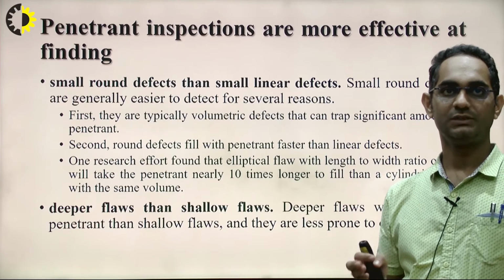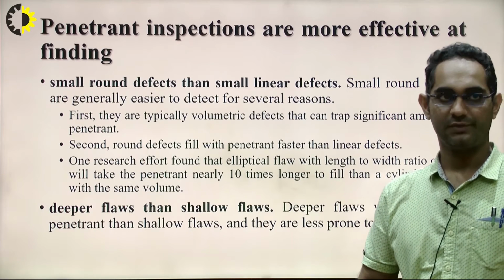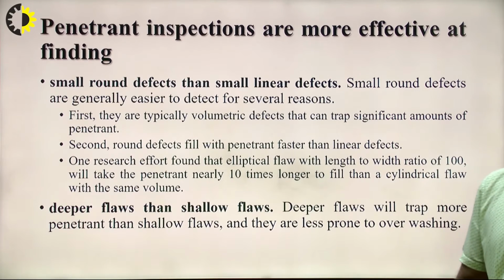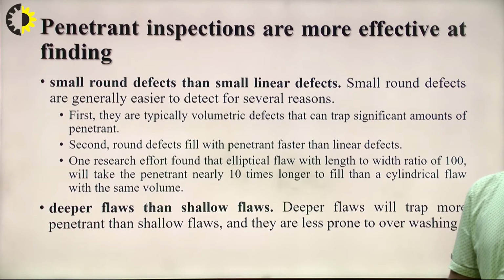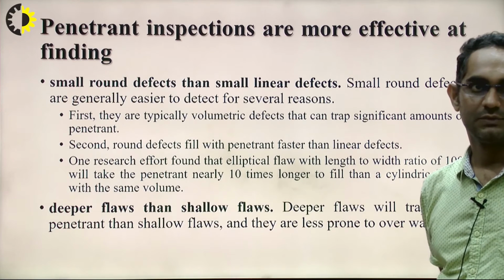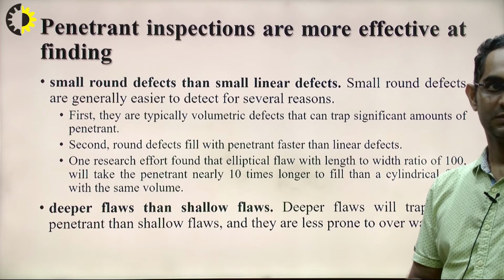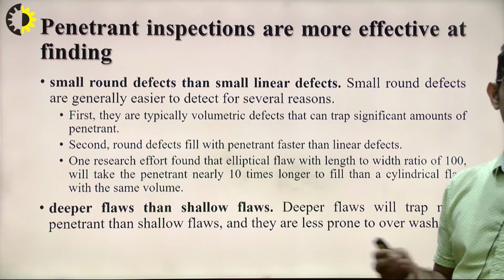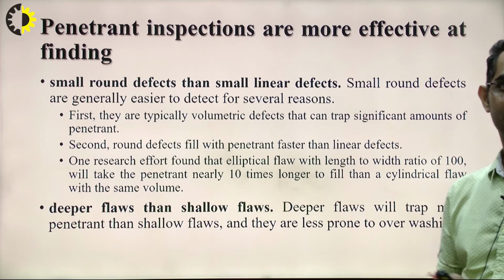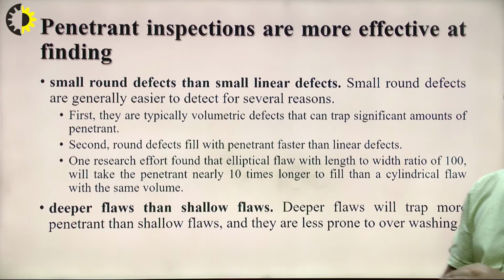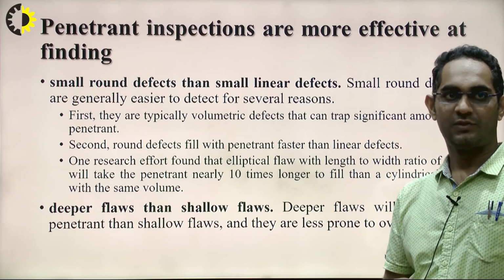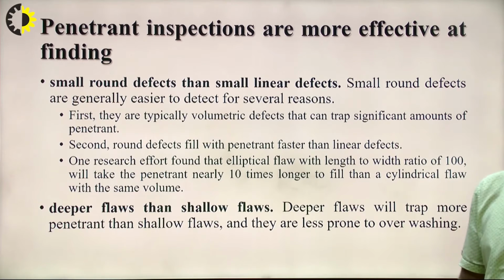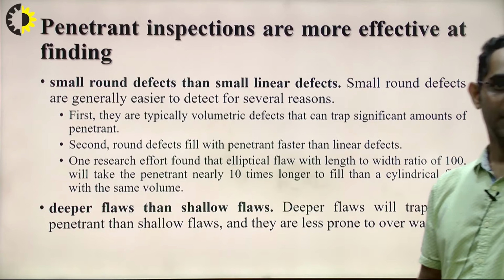How are these penetrant inspections more effective in their findings? Small round defects compared to small linear defects. Small round defects are generally easier to detect for several reasons. First, they are typically volumetric defects that can trap a significant amount of penetrant.